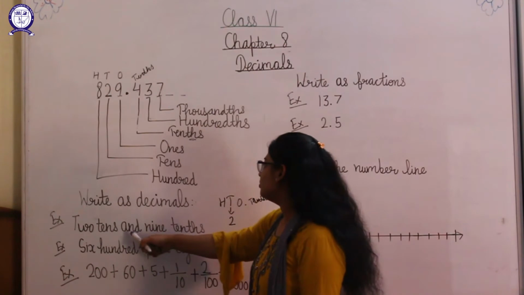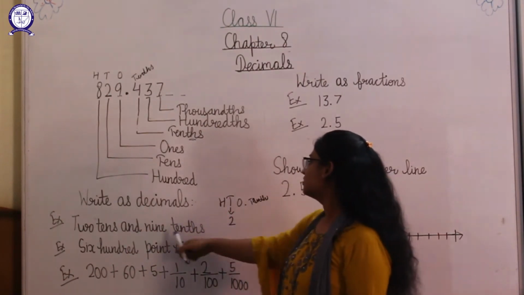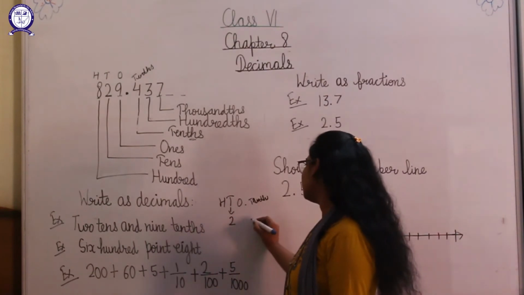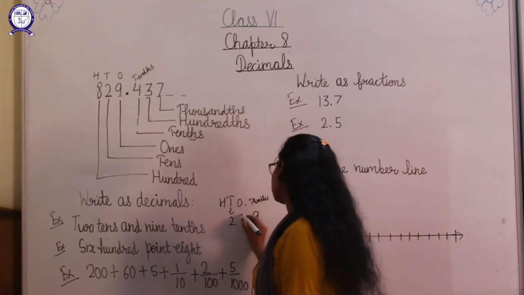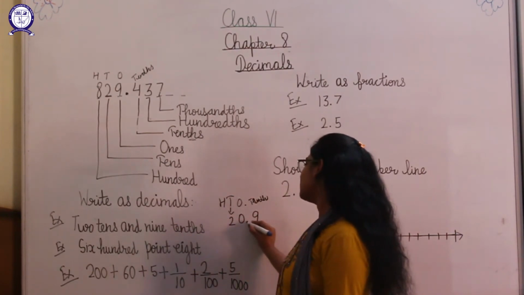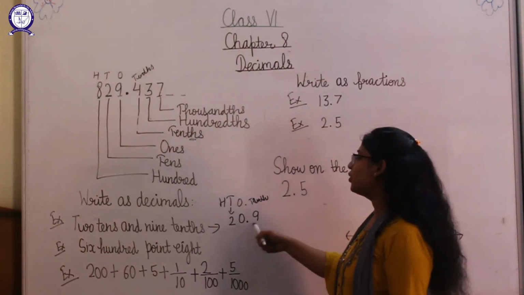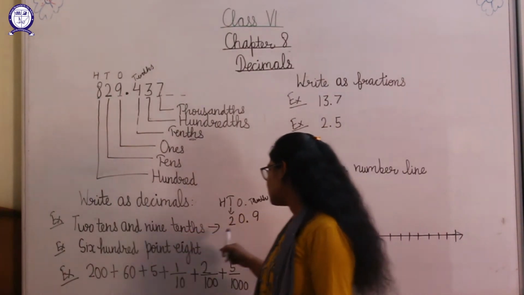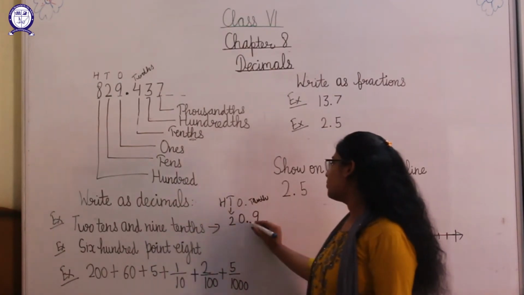Okay, 2 tens and 9 tenths. Tenths is 9. And here no ones are given. So in place of ones we will write 0. It means when we will write this as the decimal, it will be 20.9. 2 tens means 20. Ones is not given here. And 9 tenths means 0.9.